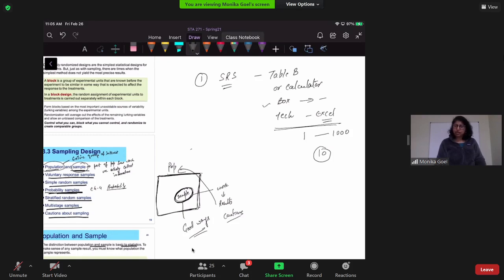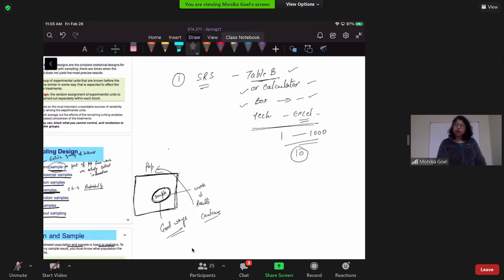This way takes longer. The Excel way is fast because you just need to specify between how many numbers you need a sample of 10. But if you are working with a smaller sample, you can use any of these.